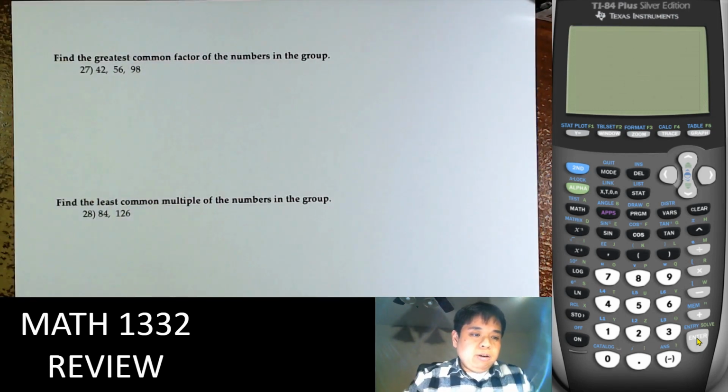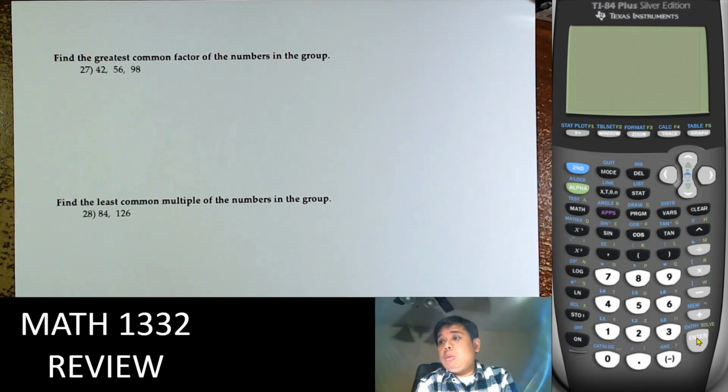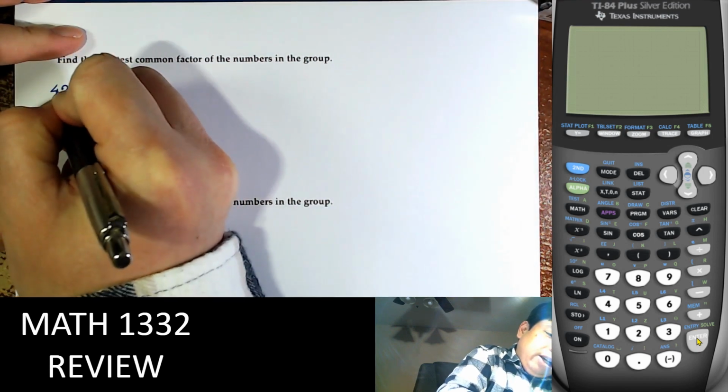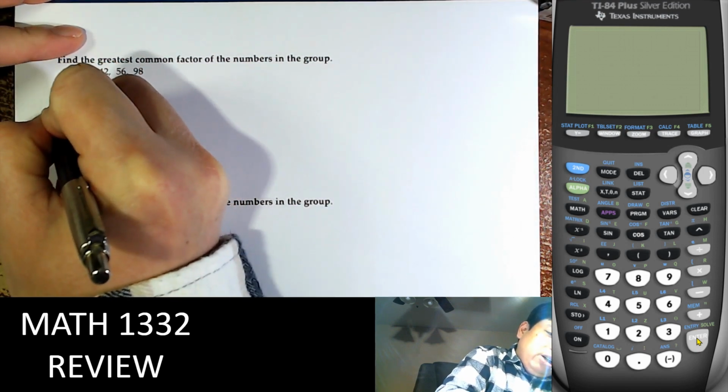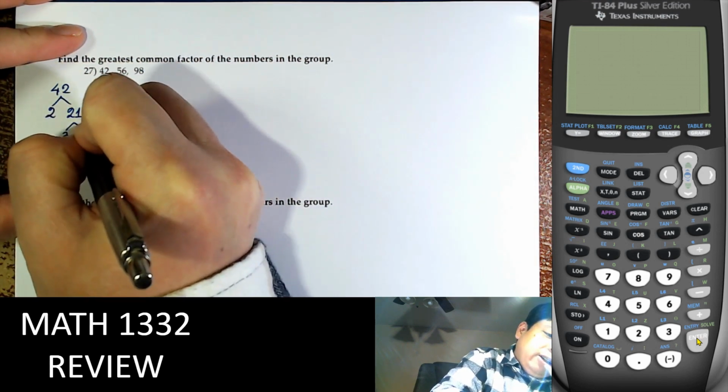Right. Next, find the greatest common factor or greatest common divisor of the numbers in the group, and then find the least common multiple of this. For most of this, we have to do the prime factoring and then determine. Okay, we go from there. 42: if we break down 42 using prime numbers, we start with 2, and then 3 and 7.